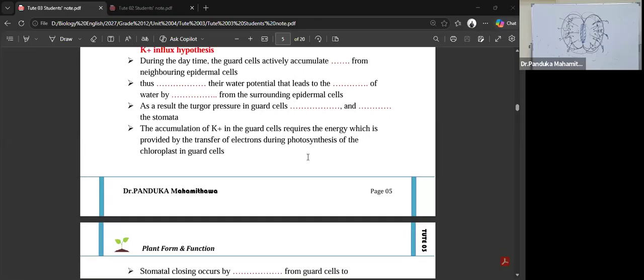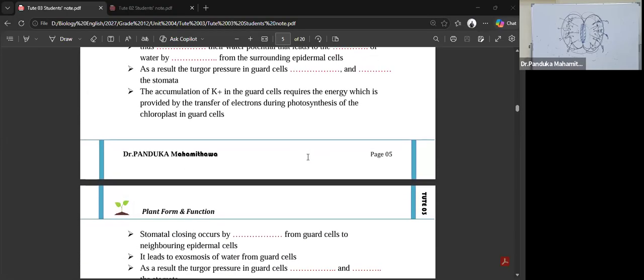The accumulation of potassium in the guard cells requires energy. I told you that the absorption of potassium from the surrounding epidermal cells is an active process, so it needs energy, which is provided by the transfer of electrons during photosynthesis in the chloroplasts of the guard cells.